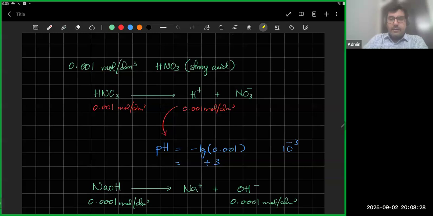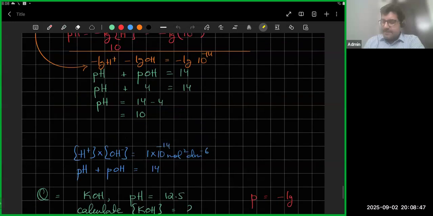So finding the pH is also very simple. You take the log, and this is 10 power minus 3, so the log comes out to be 3. That's your pH. So it's pretty straightforward in the case of strong acids.